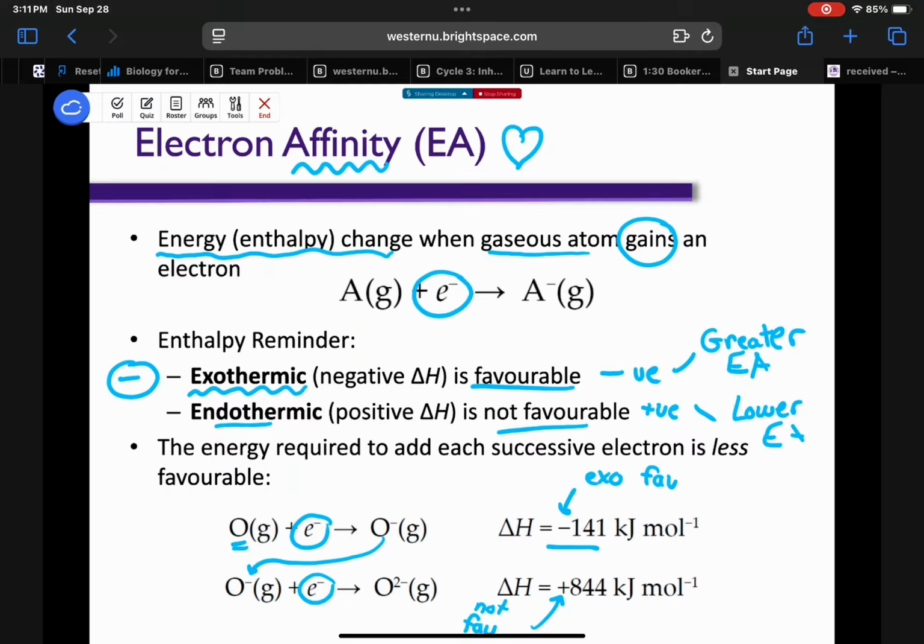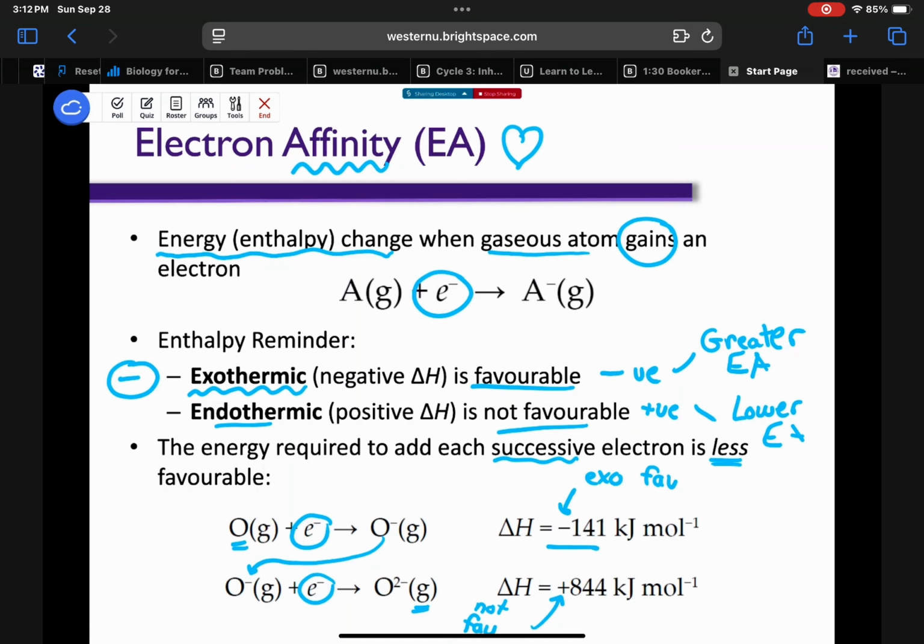Once we take that O2 negative as a gas and it turns into a solid and into like a compound, then there are other interactions at work that make that more stable and make that a favorable reaction. But for here, we can see the energy required for each successive electron addition. Every time you want to add more and diverge from its original neutral state, it becomes less and less favorable. So that means more and more endothermic, less negative.